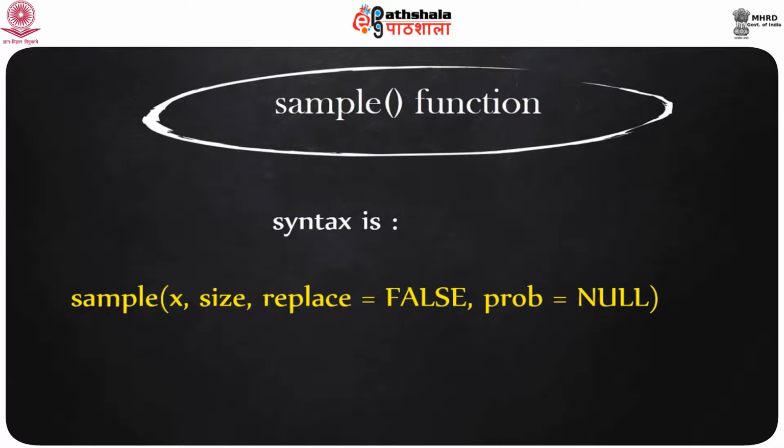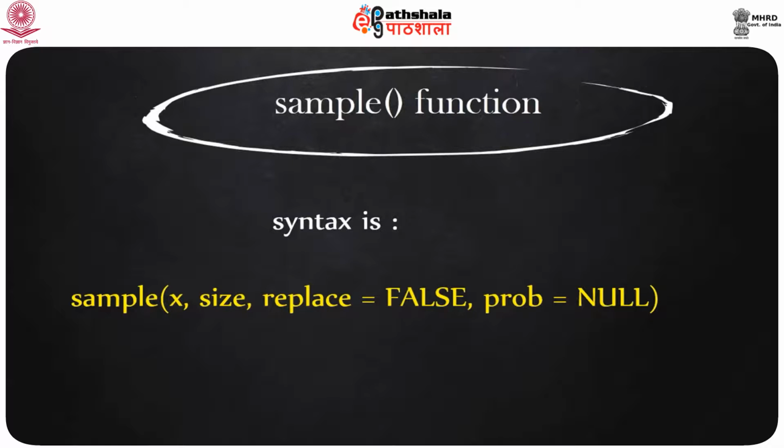The next argument, replace, gives us the option of whether we are going to draw the sample with or without replacement. By default, it takes replace equal to FALSE, so the sampling is going to be without replacement. One last argument that should be mentioned is the probability argument.